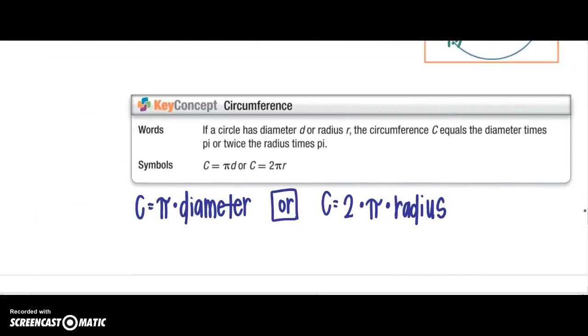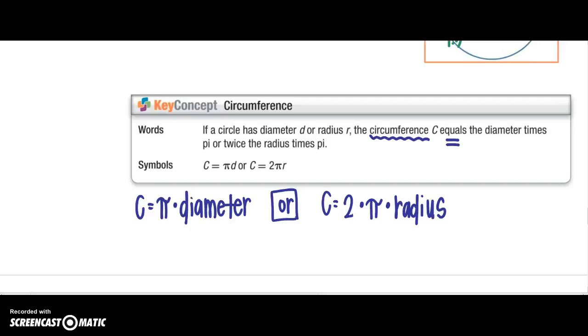So if a circle has a diameter d or a radius r, their circumference equals the diameter times pi, or twice the radius times pi.